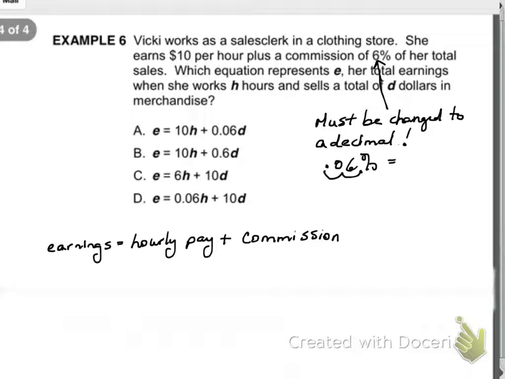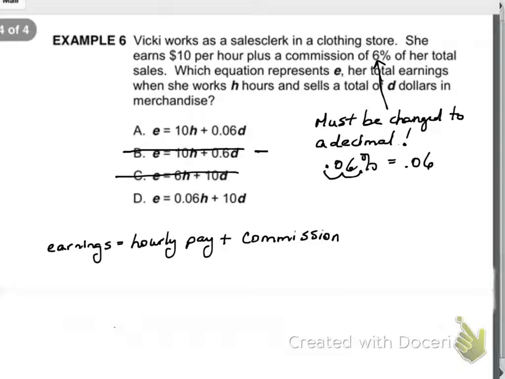So it's going to be 0.06 in our formula. First of all, that means we can eliminate anything that has a 6 instead of a 0.06. So that one has a 6, and what about this one? What's wrong with that right there? That's wrong because it's not moved over 2 places, it's only moved over 1. They've just made it 0.6, and we need to go from 6% to 0.06.